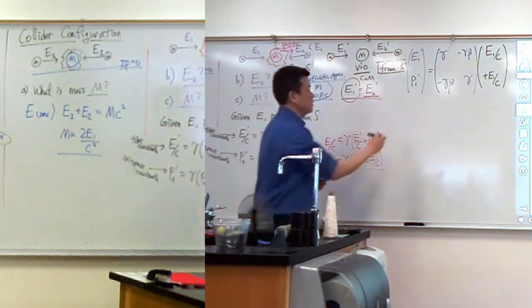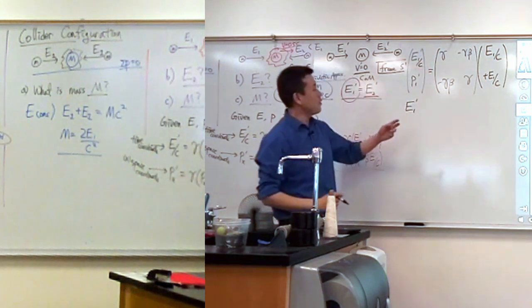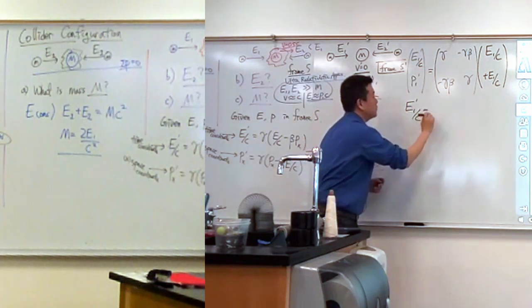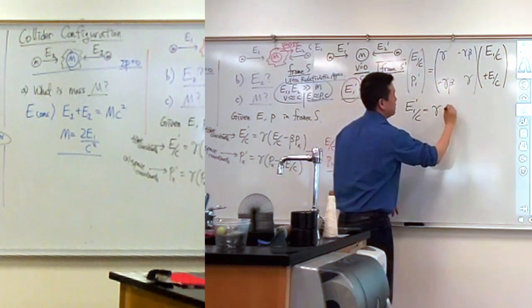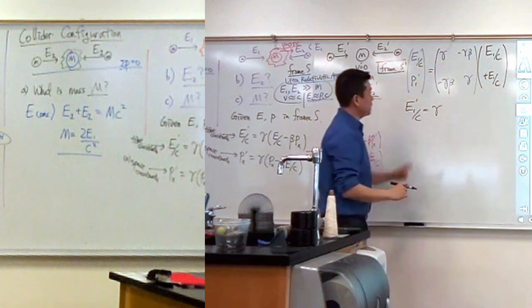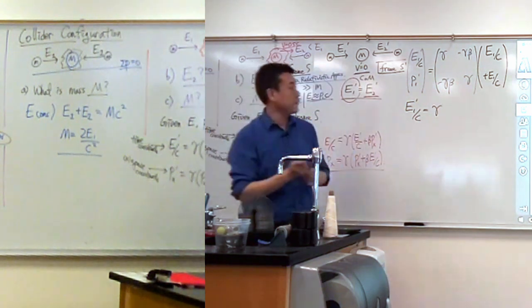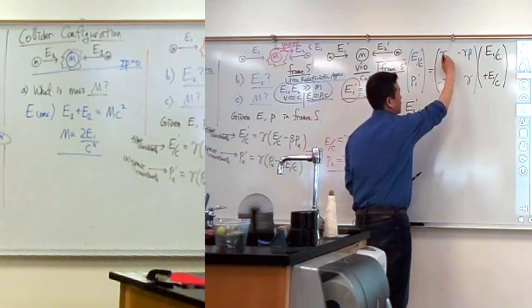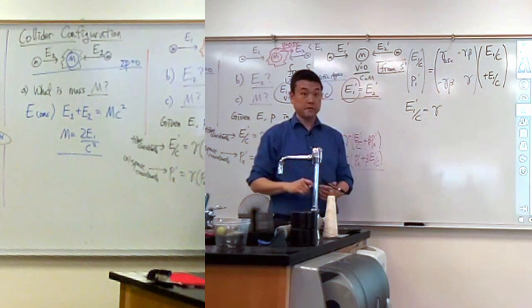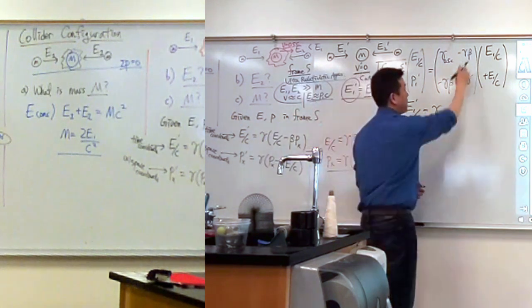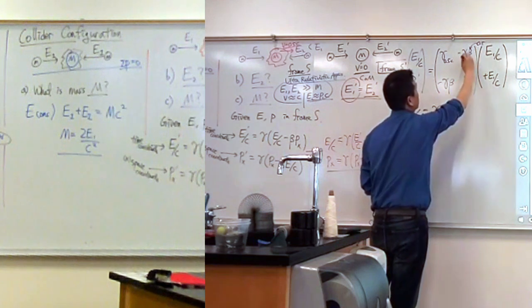So from here, E1 prime divided by C is equal to gamma times that. So gamma, and I should specify so that it doesn't get confused, this gamma is the one associated with the 0.5 C. Right? Yes. So beta is actually, I know the value of the beta. This is 0.5.